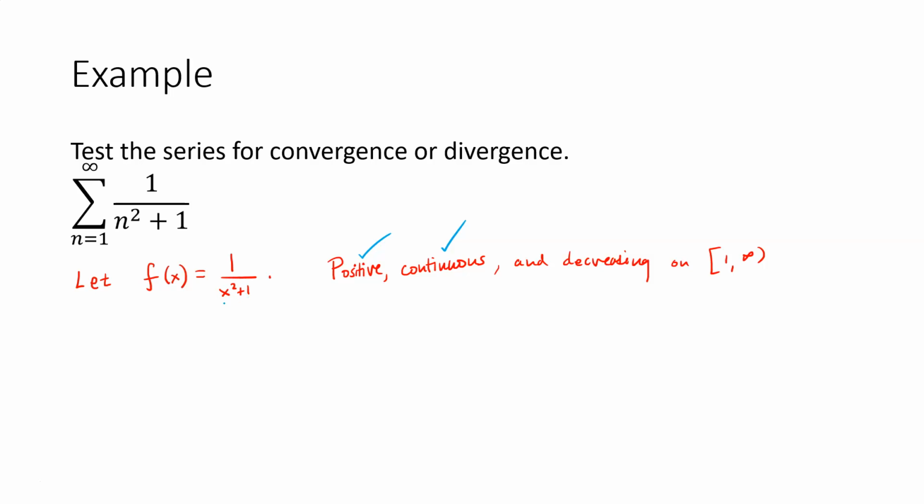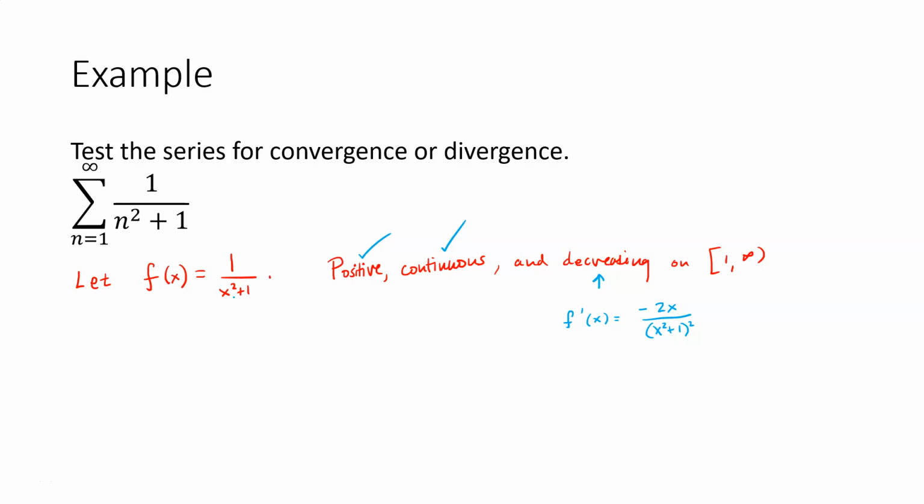One way you can look at the decreasing part is to take the derivative. If I take the derivative, I get negative 2x over x squared plus 1, quantity squared.